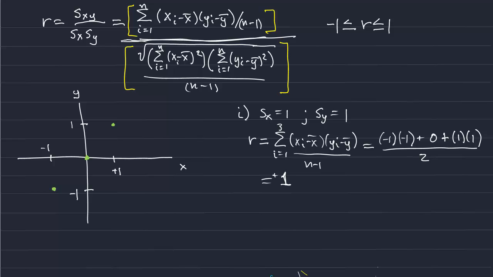Let's look at another case in which, again, we have 3 data points, and they vary along a line that has the opposite slope. Let me draw the line they lie along.